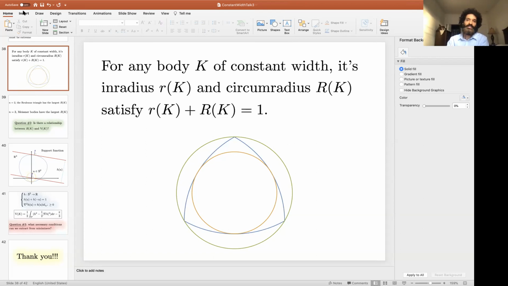Yeah. The thing that I'm curious about myself is that I think there's some way to deform these shapes that will decrease volume and increase, say, circumradius. And my question is, can you really tease out some information from this?